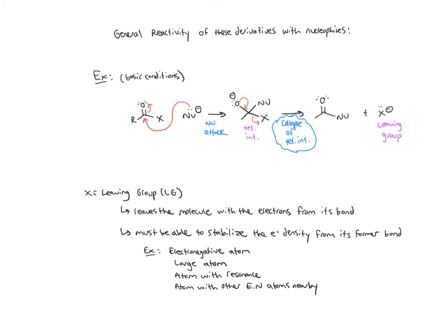So that's what that leaving group has to be able to do, and that's why these heteroatoms can do that, is that usually these heteroatoms are going to be relatively electronegative. They're going to be relatively large, so something like the chlorine, for example. They would maybe be able to do resonance, so something like with those anhydrides we saw, we might be able to have some resonance when that leaves. And then we also could have a case where that atom has other electronegative atoms nearby.